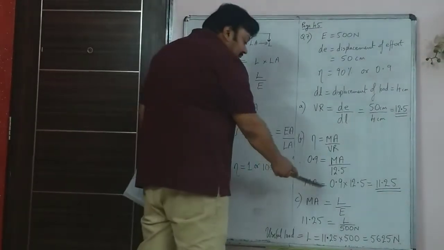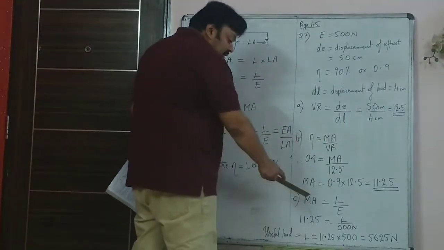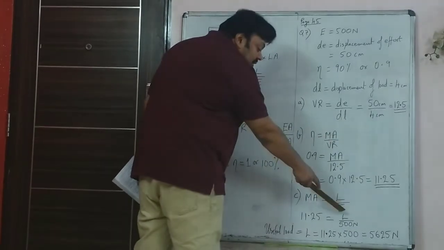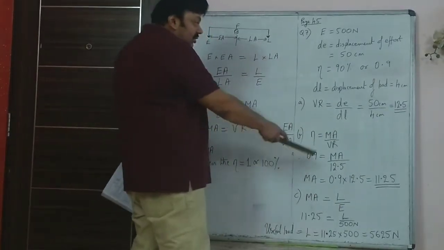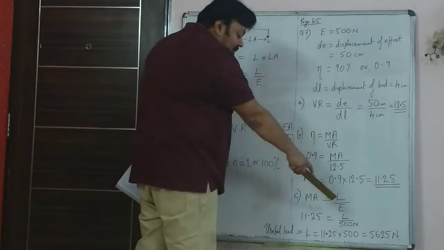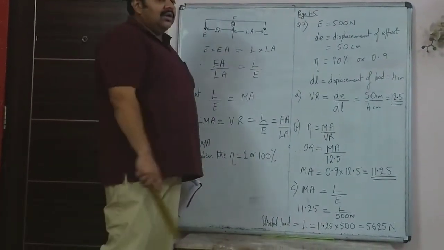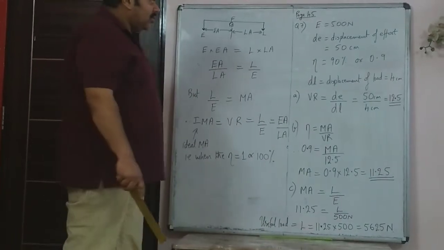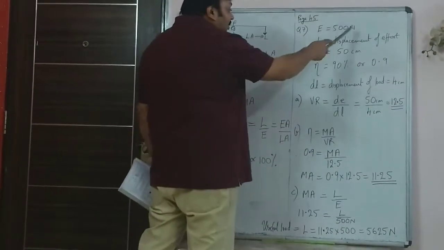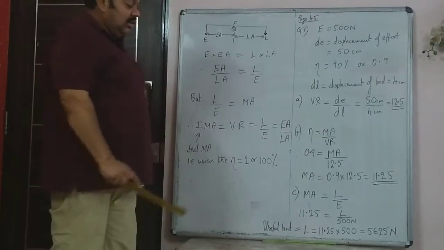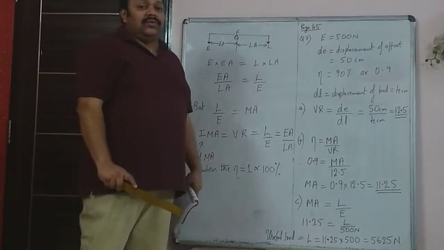MA is load upon effort. So 11.25 is MA and the effort is given, 500. So when you multiply, load is 11.25 into 500, that is 5625 Newton. Why Newton? Because effort was also in Newton. So that is the useful load lifted.